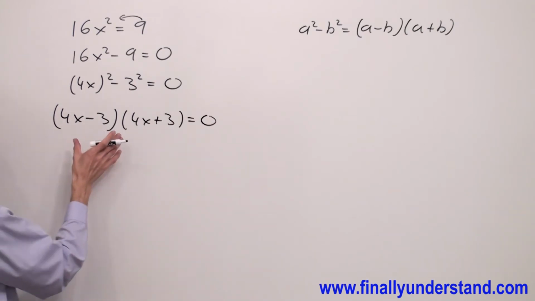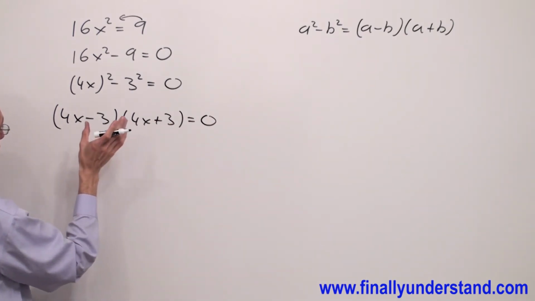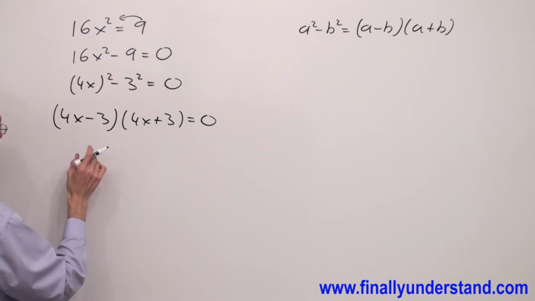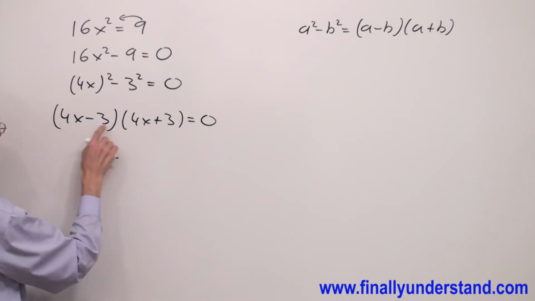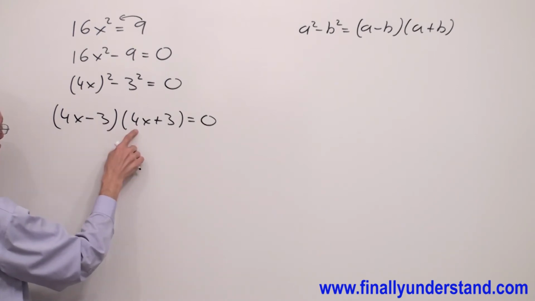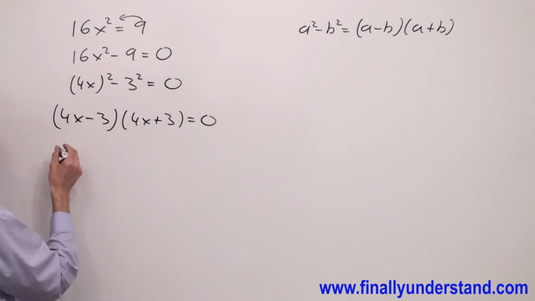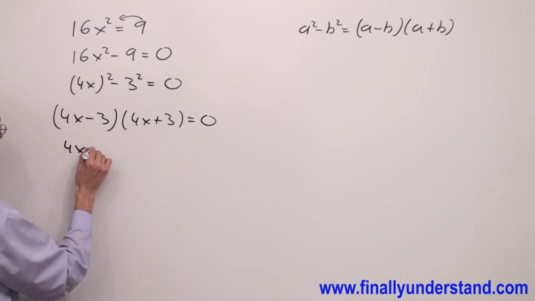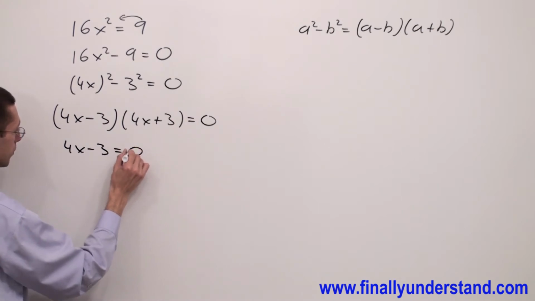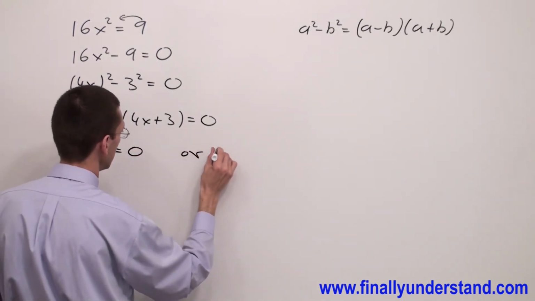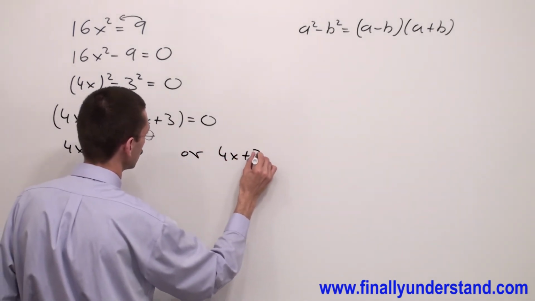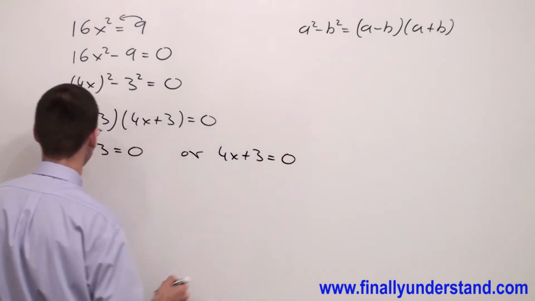In order to balance this equation, the left side must be equal to 0. In order to do so, one of these factors is supposed to be 0 or both. Simply write 4x minus 3 is equal to 0 or 4x plus 3 is equal to 0.